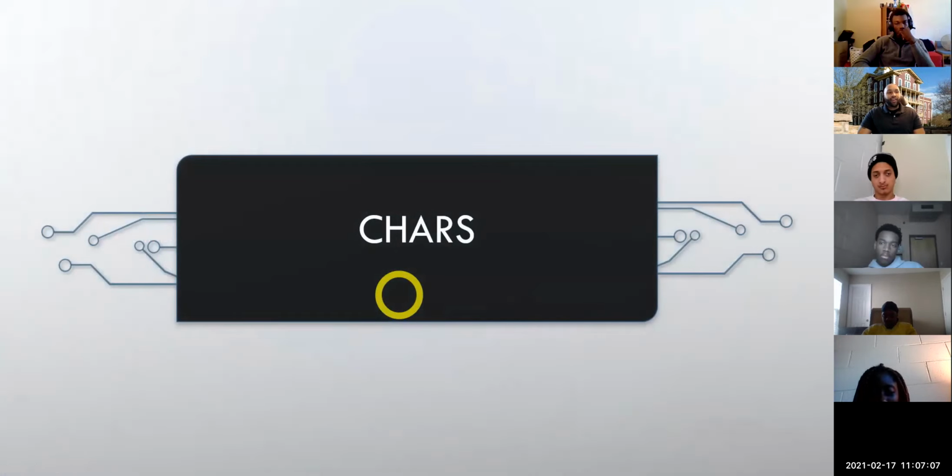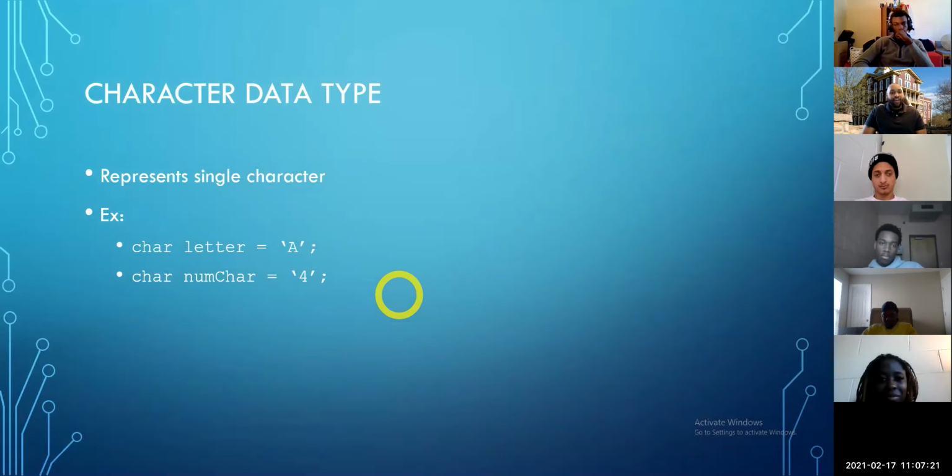So we'll move on to characters. And when I say character, it's what you are thinking. It's one single character. It can be a letter, a number, a special symbol. It's a character. All right. And we represent characters with single quotation marks. And the data type is char.